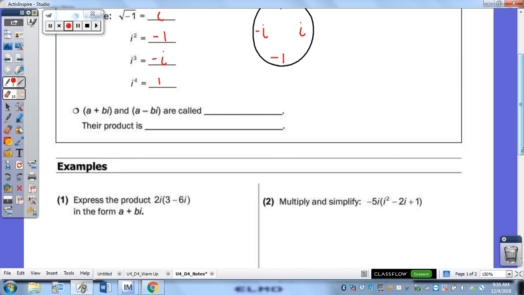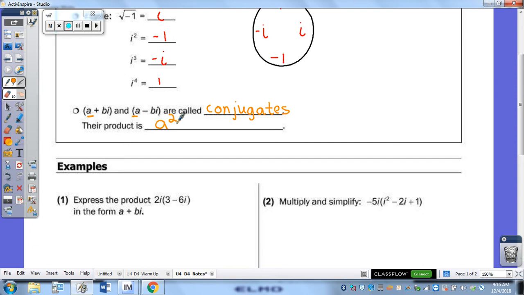So for today's lesson, we're going to need to know a plus bi and a minus bi. Who remembers what those are called? Conjugates. Good. If we multiply our conjugates, remember, all you have to do is multiply the first ones together.